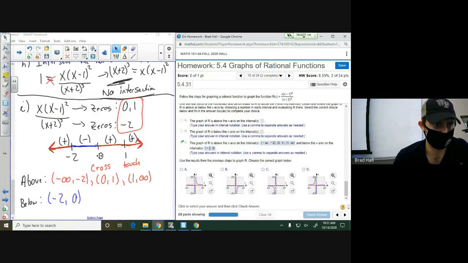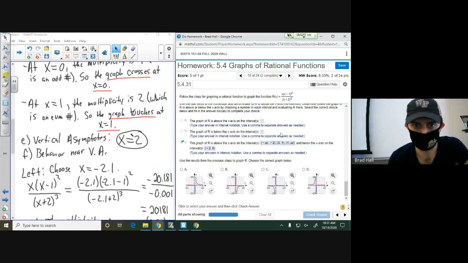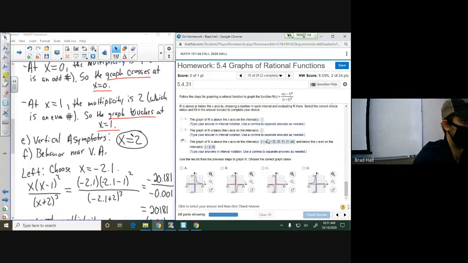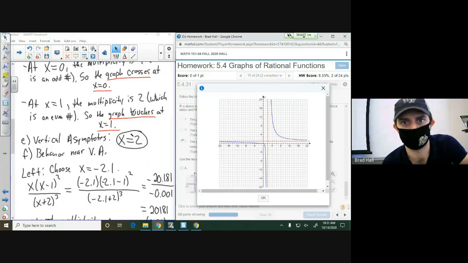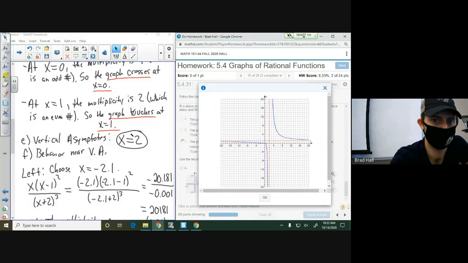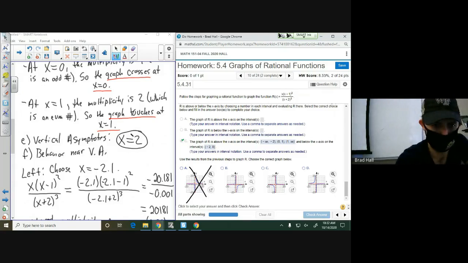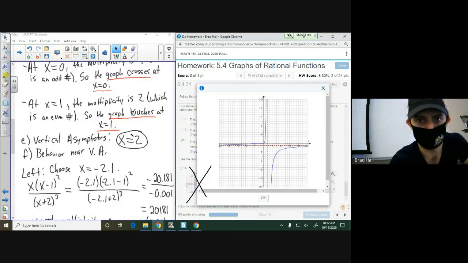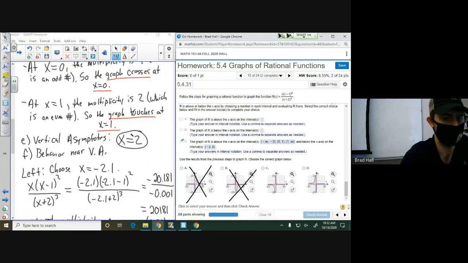We found, though, in this problem that the vertical asymptote is -2. So again, this graph says that the vertical asymptote is +2, but we found that it is -2. So that means this one is out. And also, it might be hard to see, this one also says that the vertical asymptote is in the wrong place. So answer choice B would be out.